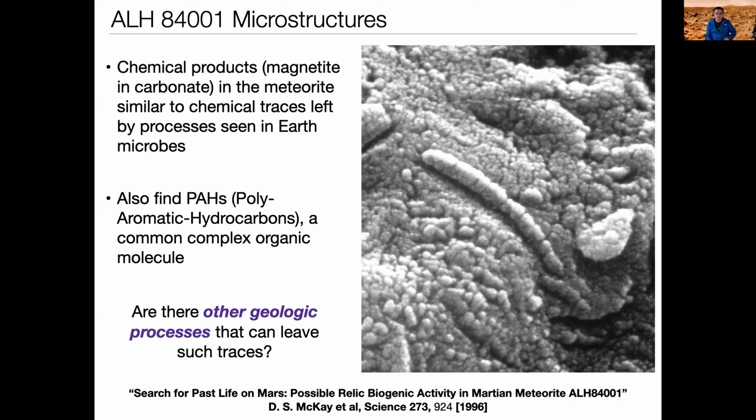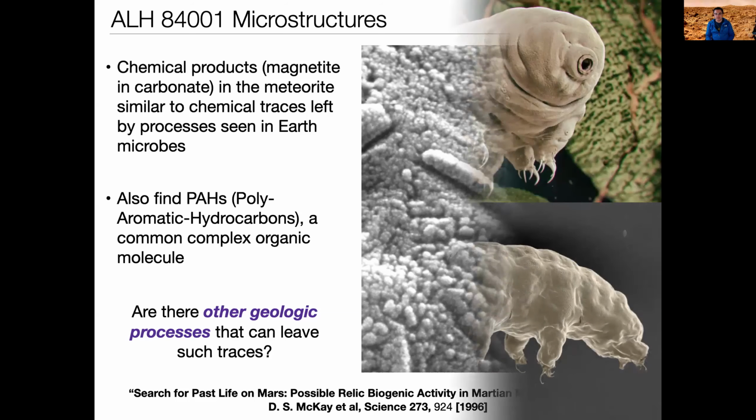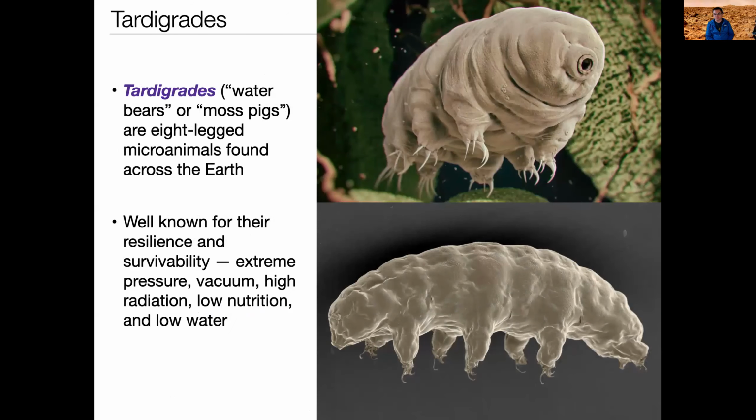Okay, well, let me remind you of a life form that many of you have probably heard of. These are called tardigrades. Tardigrades also go by the name water bears or moss pigs. They are small, eight-legged microanimals that you can see in microscopes. These are electron micrographs to show you the kind of extreme detail of the tardigrades.